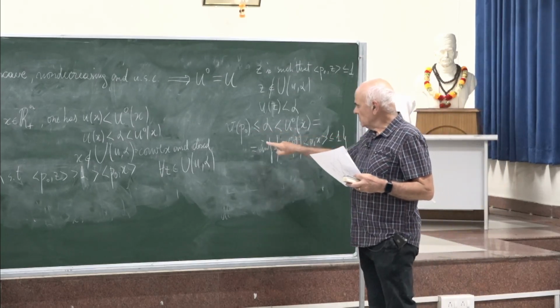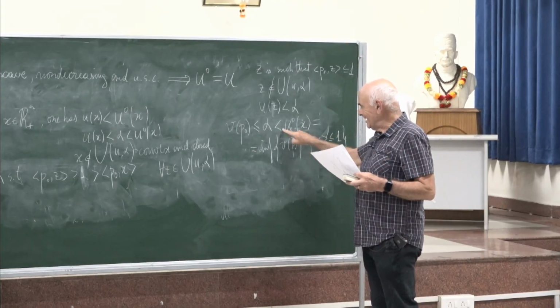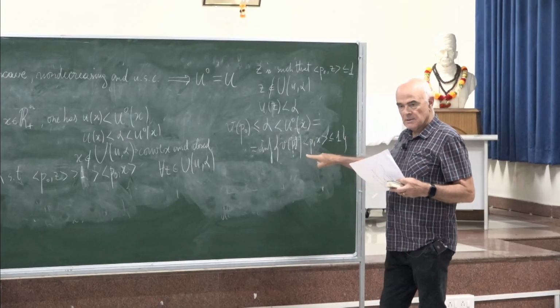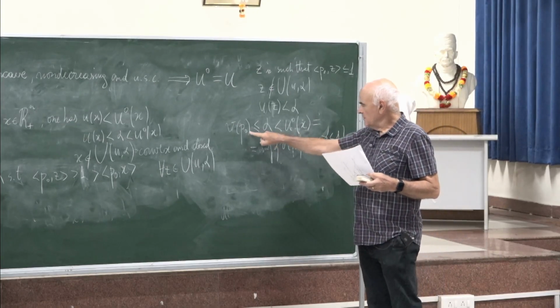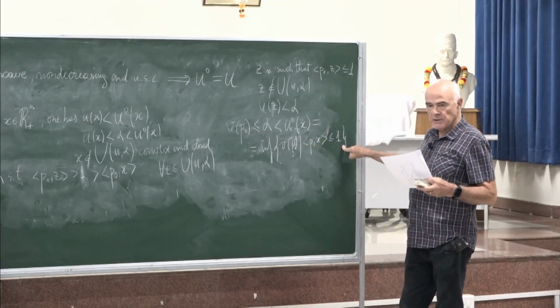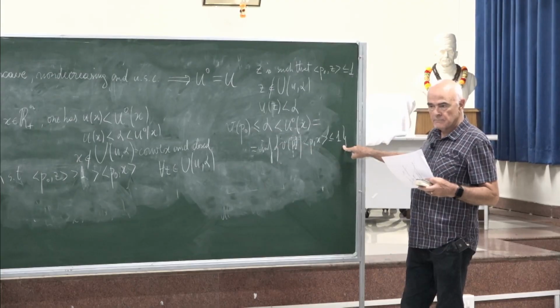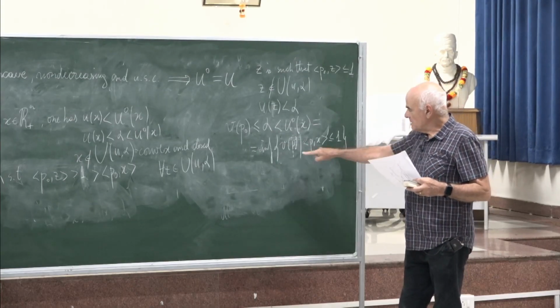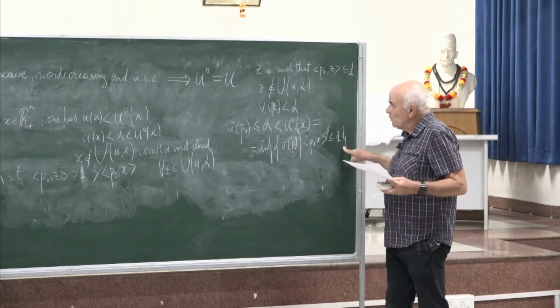So v of P naught is strictly less than this infimum, which means that P naught cannot satisfy this constraint. Otherwise, this infimum would be less than or equal to v of P naught.